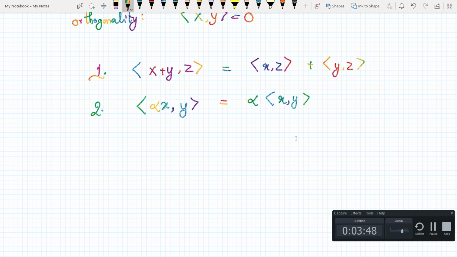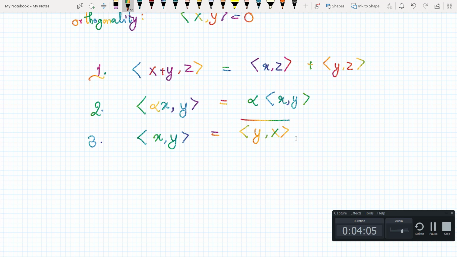And then there's this third property of inner product space, which is that the inner product of x comma y is equal to the complex conjugate of the inner product of y comma x.